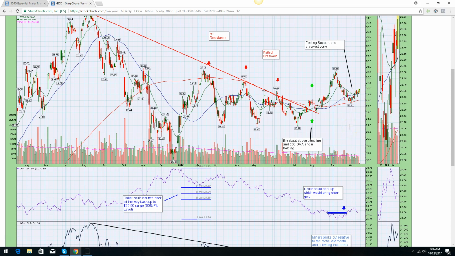But another thing, and this is something where you sometimes have to do your own research. So what I did was I thought, okay, if this is a major support for miners, there are going to be some miners out there that look incredibly bullish, or at least have some volume, some accumulation. I just really couldn't find that, and that's what was missing. That's why I'm hesitant on gold miners right now, even though technically everything looks right.